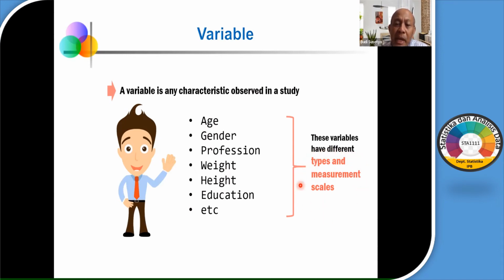Because if you understand this, you can use the right method for data analysis. Some methods can only be used for certain types of variables and certain measurement scales of variables.